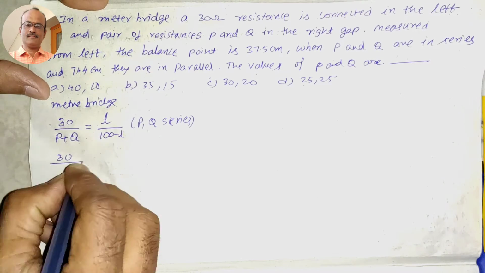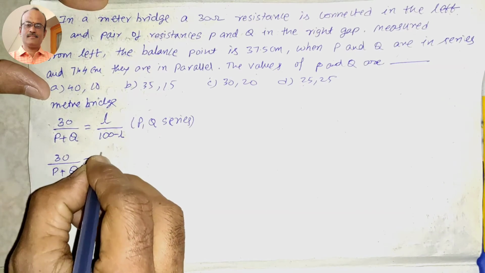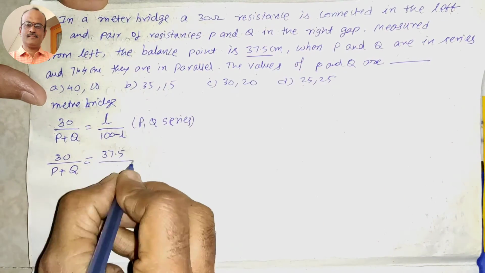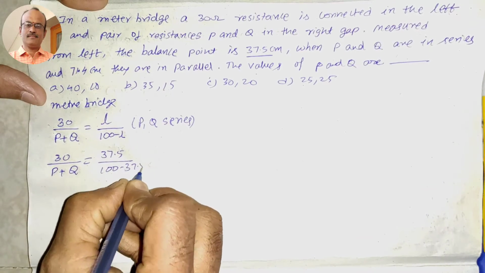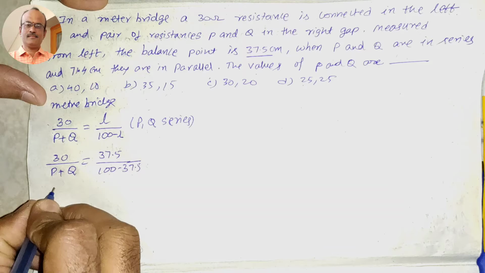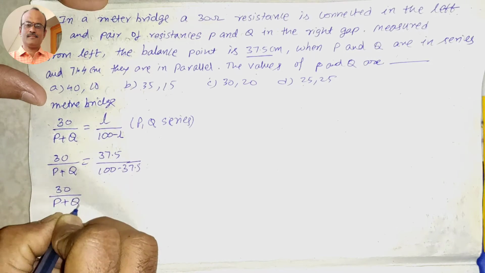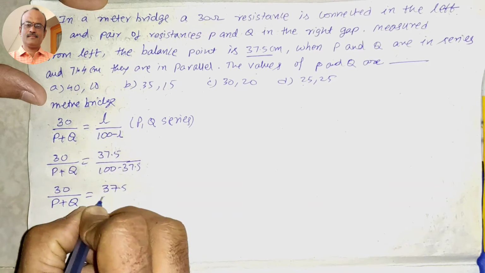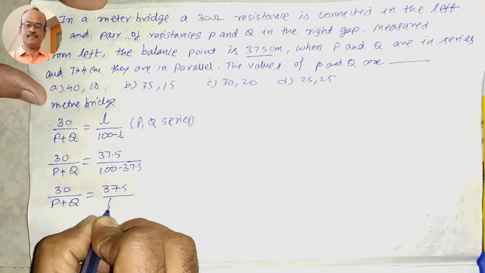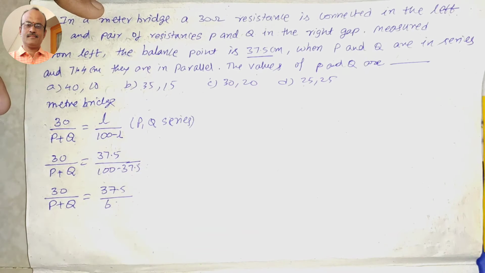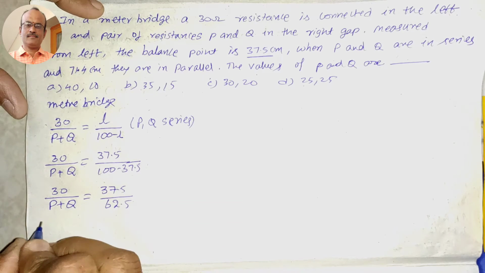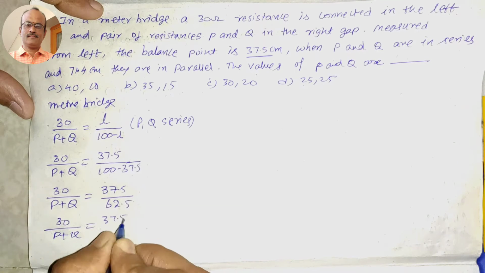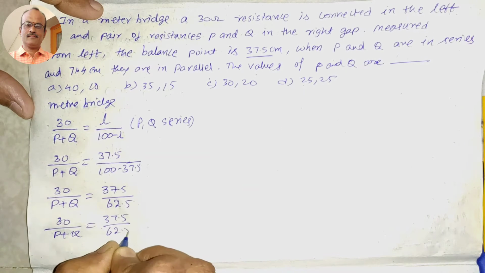So here 30 divided by P plus Q is equal to L divided by 100 minus L, that is 37.5 centimeters divided by 100 minus 37.5. So 30 divided by P plus Q is equal to 37.5 divided by 62.5.